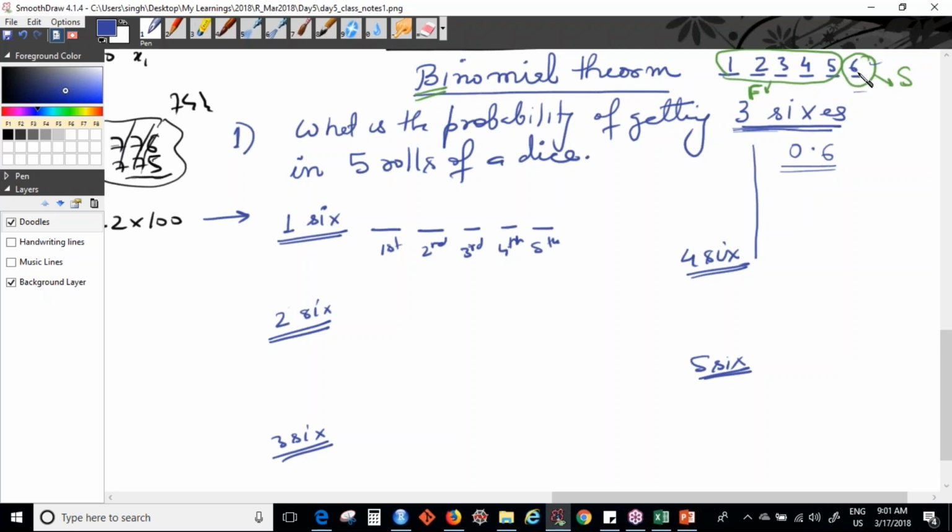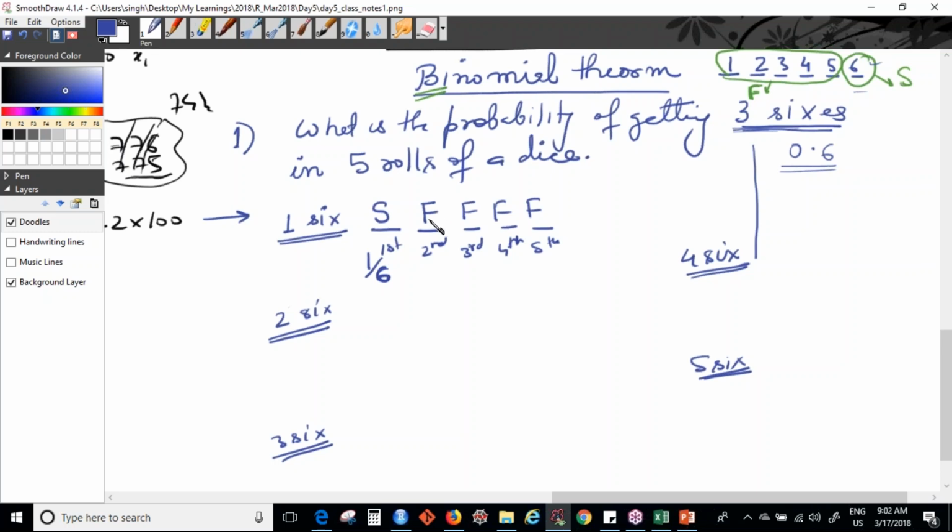Everybody else, do you follow? So I will write success here and remaining everything will be failure, and the probability of this success is 1 by 6.